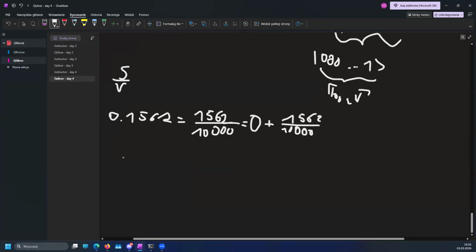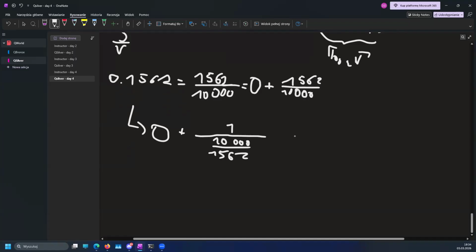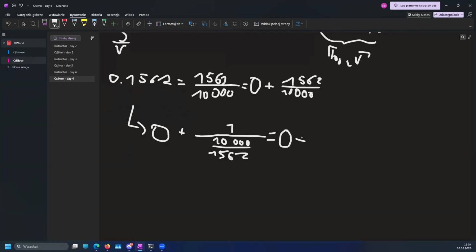Then we need to invert this fraction, so we will get 0 plus, and here a big line, 1 divided by 10,000 divided by 1,562. And now we can express this as a mixed number. Similarly as I did before, but now I think it will be more clear.